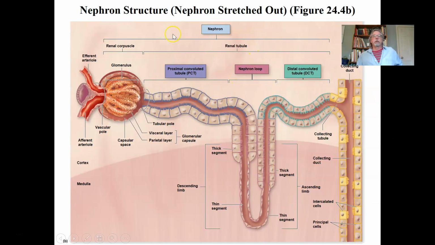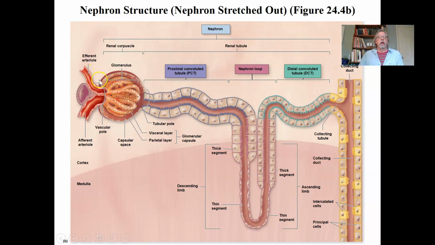All right, so just looking at this slide, which was from the previous video, video number 2. Here are the blood vessels bringing blood in, afferent arteriole. Here are the glomerular capillaries. Glomerulus is the name for the nest of capillaries here.